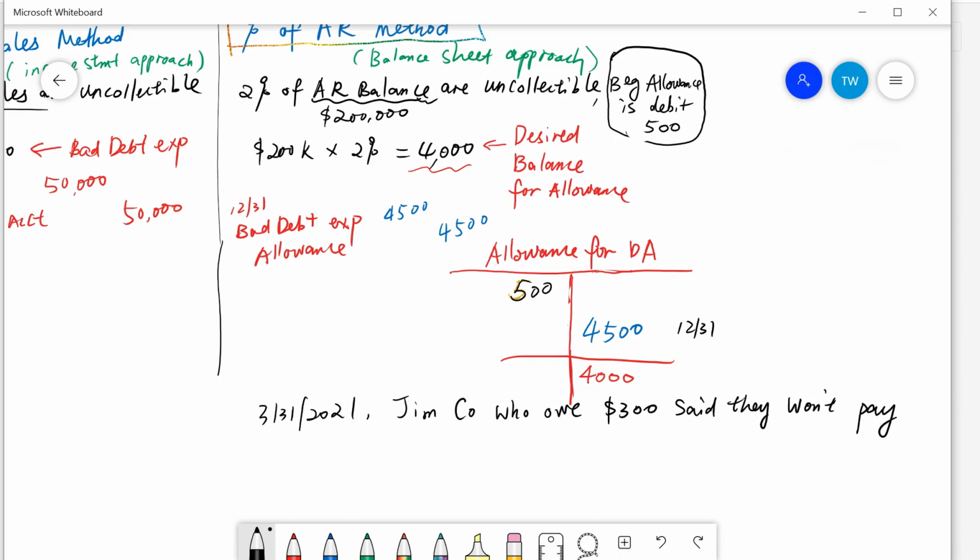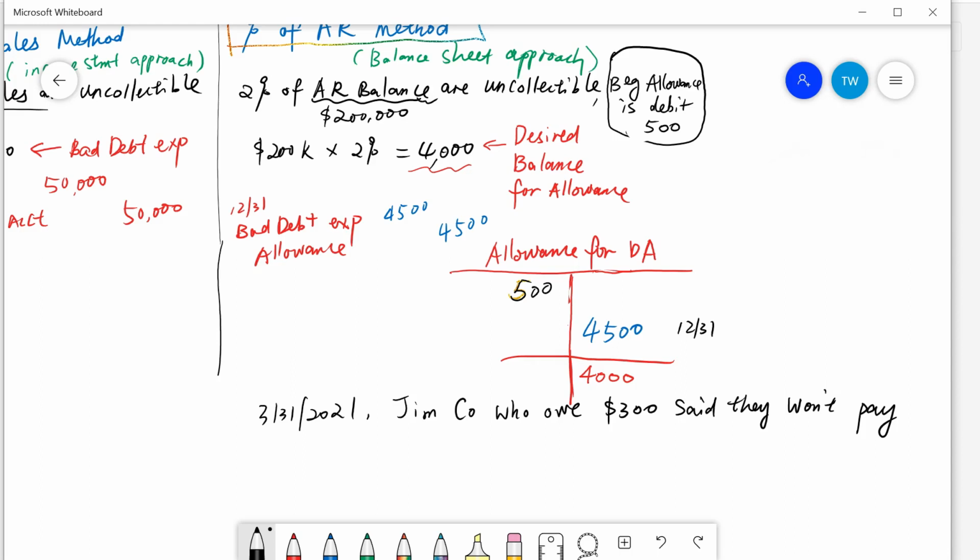So what do you do? Well, you have already set up an allowance for it. So what you do is you're gonna take that allowance. Instead of recording more bad debt expense, you already recorded a bad debt for everybody. You don't know who, you recorded the overall bad debt last year on December 31st. So when one single customer defaults on you, you will use the allowance you've already set up.